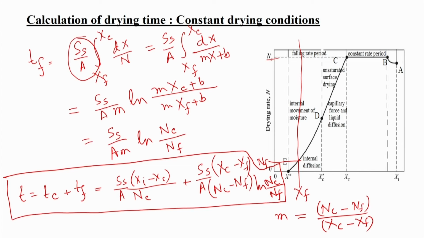Only linearly falling, then the total drying time will be S_s/A × (X_i − X_c)/N_c + S_s/A × (X_c − X_f)/(N_c − N_f) × ln(N_c/N_f). Okay.